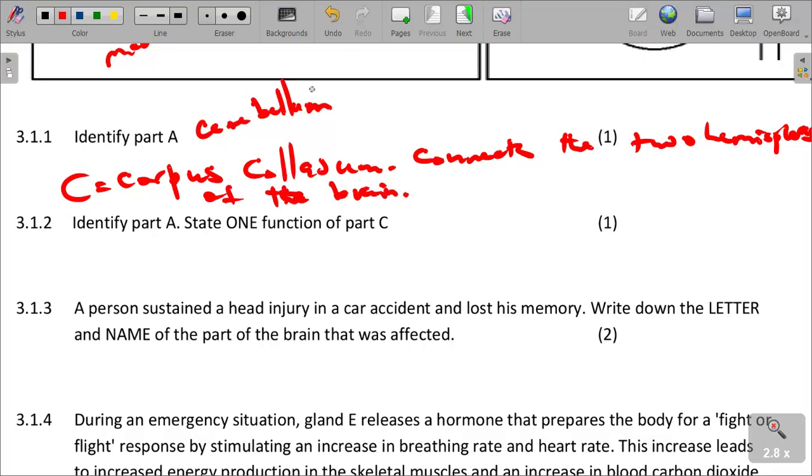That is the function of the corpus callosum, promoting communication. It supports communication between them. It facilitates communication between the two hemispheres.